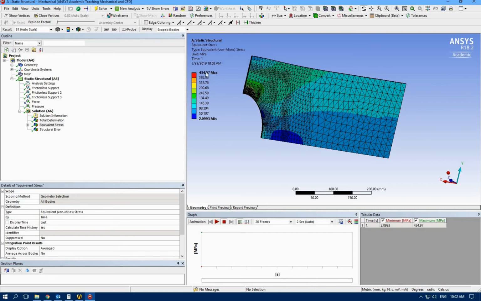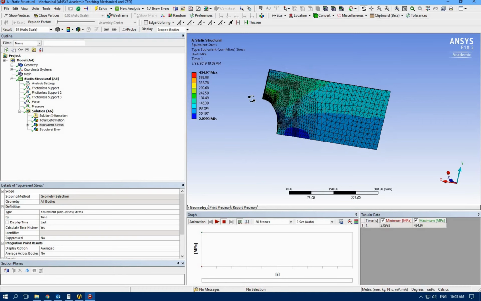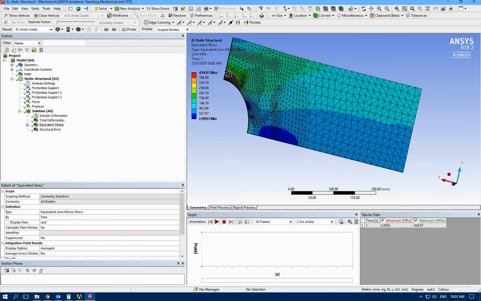The maximum stress is 435 megapascal, and it's going to be about this point. So remember and make a note of this maximum stress.